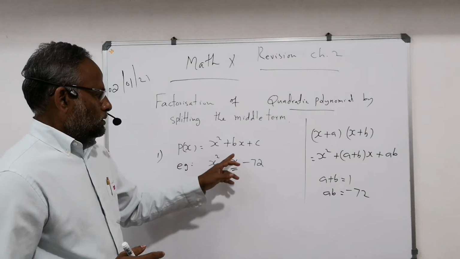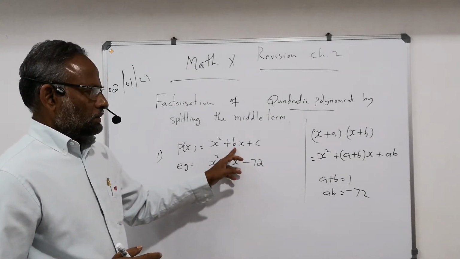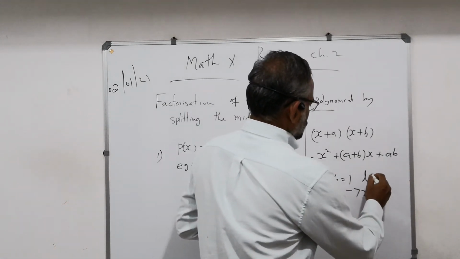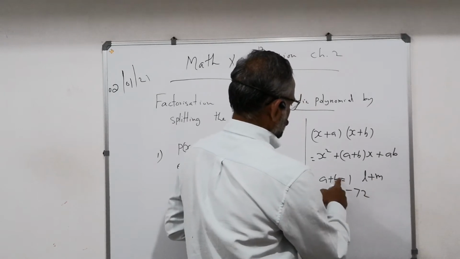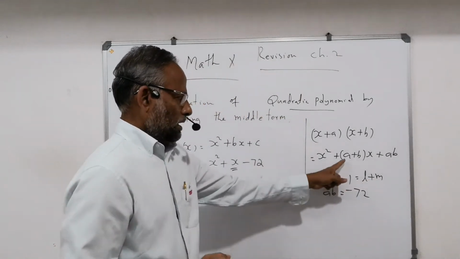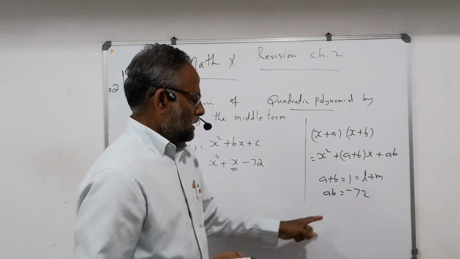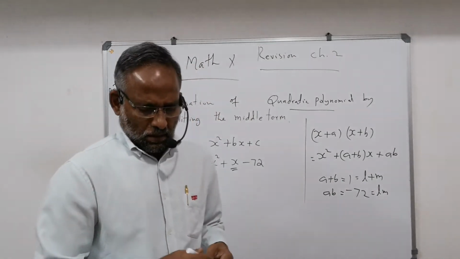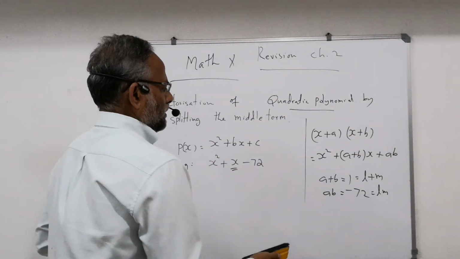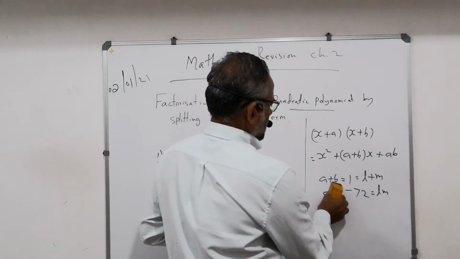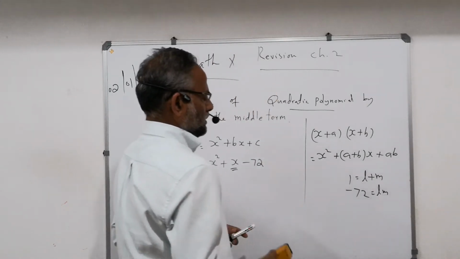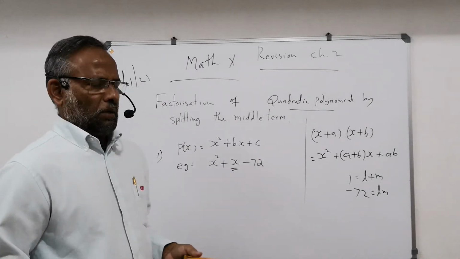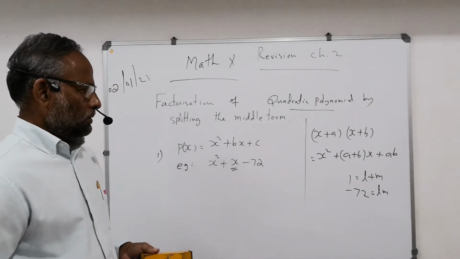So here also you will confuse, b is there. That is why, instead of a plus b, can I write l plus m? That is better. a plus b is l plus m, and ab is lm. That means whenever you're getting a polynomial like this, you do one thing: l plus m is equal to 1, then l into m is equal to minus 72.